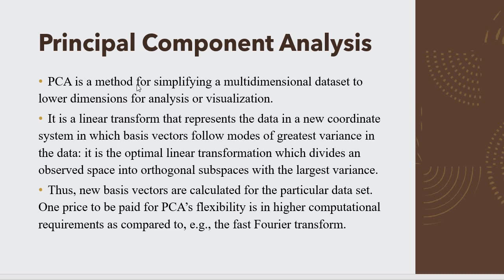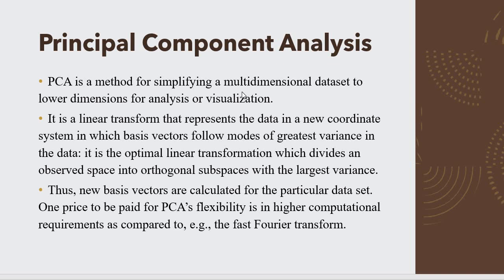Principal component analysis is a method for simplifying multidimensional data to lower dimensions for analysis or visualization. Basically it is for simplifying it. If we have multiple sets of data, we reduce them to lower dimensions for analysis or visualization purposes.